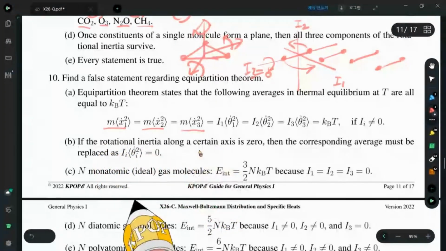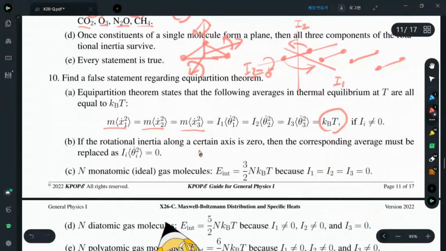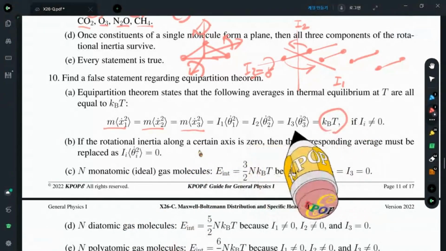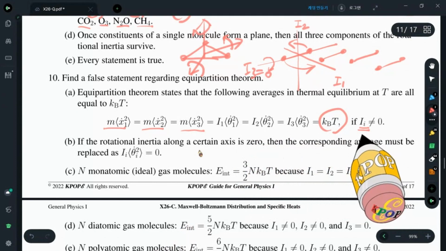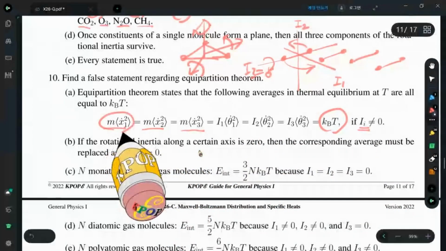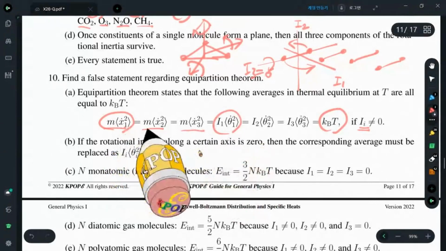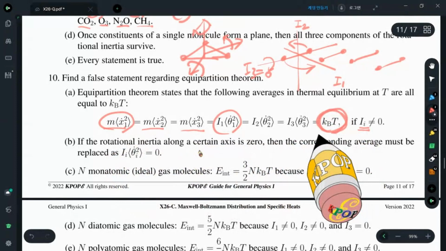Just like what we have done with the translational kinetic energy, we can equally apply the equipartition theorem. If every rotational inertia is not vanishing, then mv squared, I omega squared, they are all equivalently kBT.